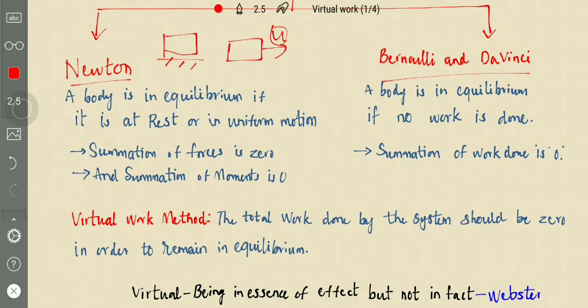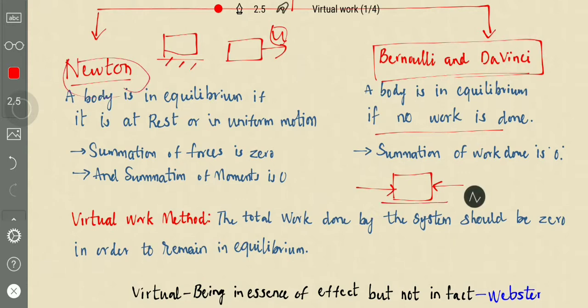Whereas Bernoulli and Da Vinci said that a body is in equilibrium if no work is done. If a number of forces are acting on this body, according to Newton the summation of these forces will be equal to 0, which means this is the positive force and this is the negative force, considering the directions.